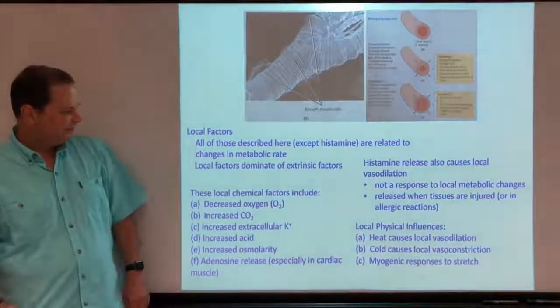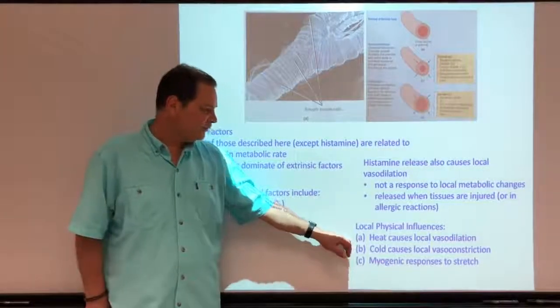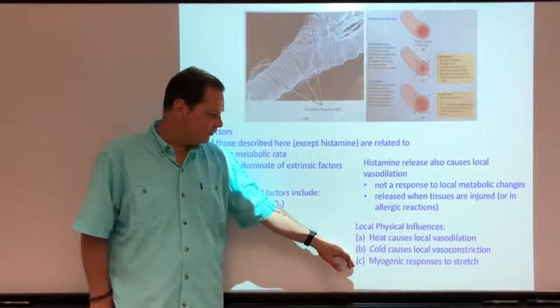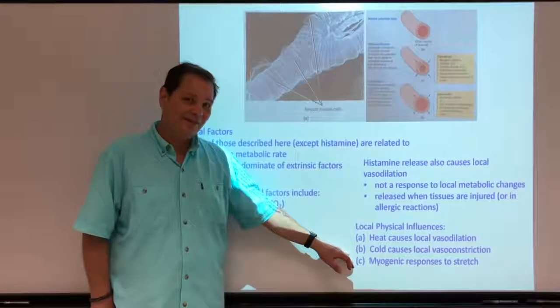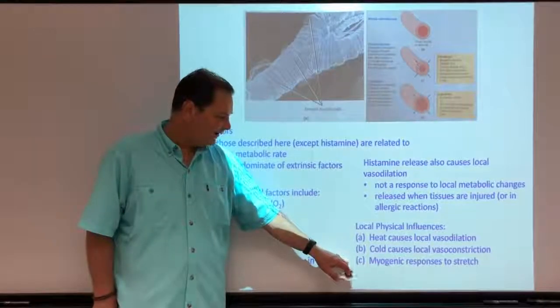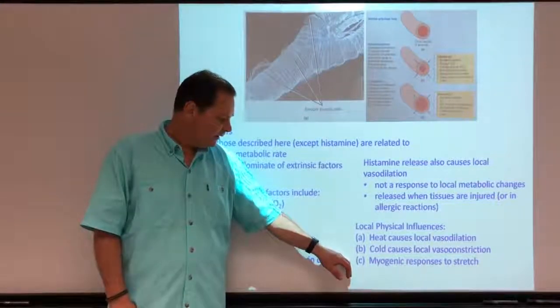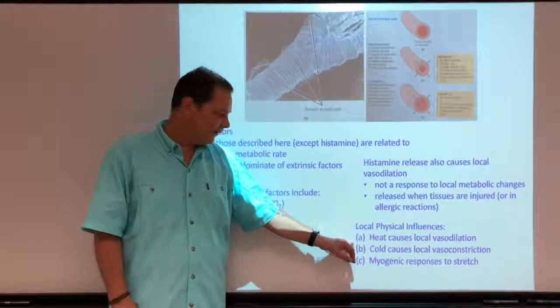Local influences also include heat, which causes a local vasodilation. We'll talk about that in a later lesson. Cold causes a local vasoconstriction. We'll talk about that in a later lesson, and why that is and how that integrates with the thermoregulatory response.